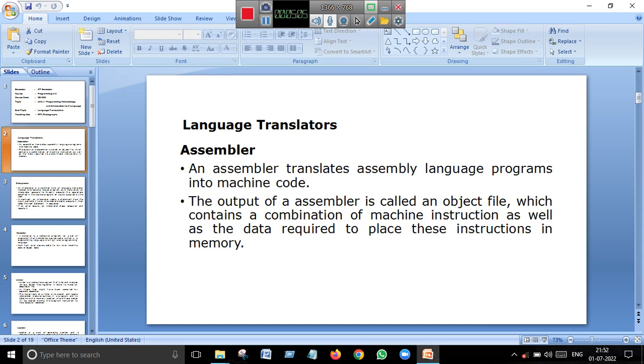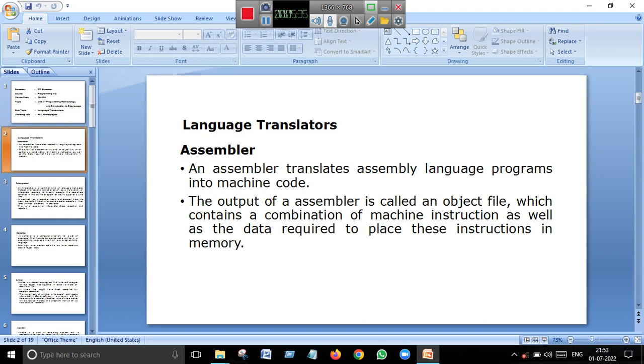Here the problem is that it is very difficult for a user or a programmer to understand the instructions written under machine language or assembly language.